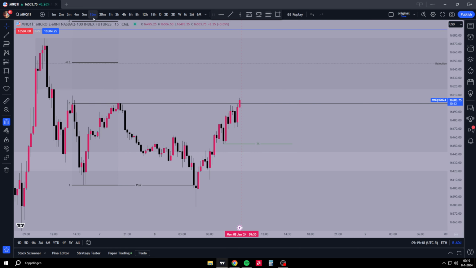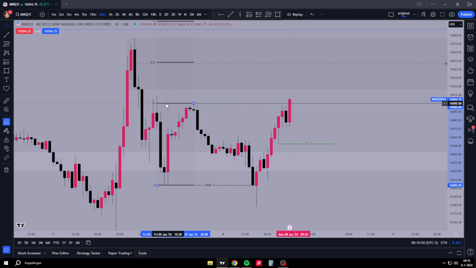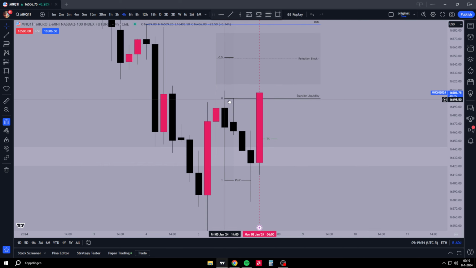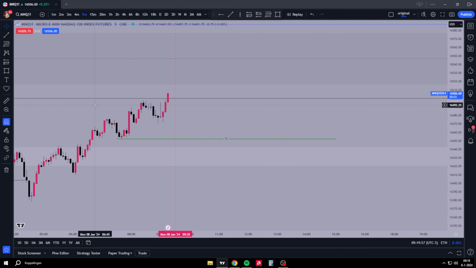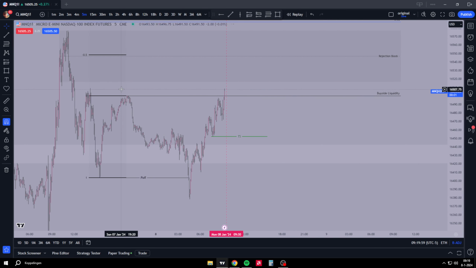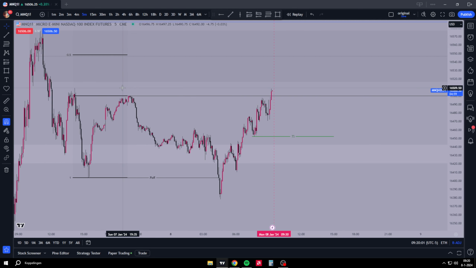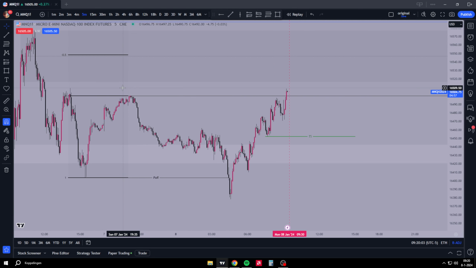Wait, what is this projection actually? Oh, it looks so weird. Alright, that's fine. Alright, nice. We're pushing up, so we're definitely gonna take this high now.